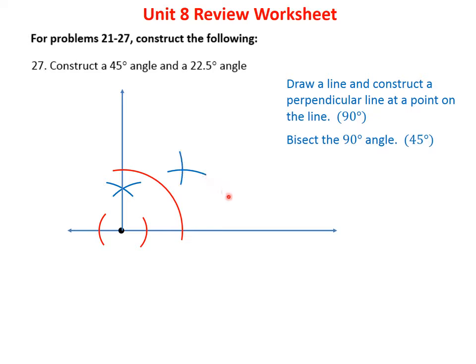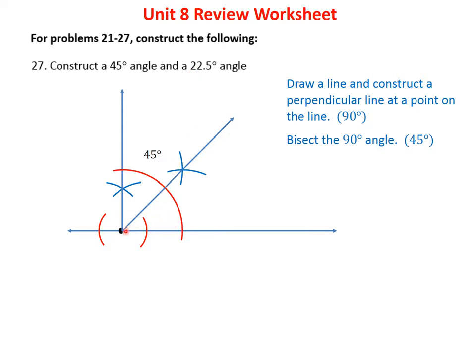And then without changing the compass setting, come over the other side and draw it this direction. Now the point where they intersect, the line from there to the vertex, is our angle bisector. What we've created is a 45-degree angle here and a 45-degree angle here. We've cut the 90-degree angle in half.